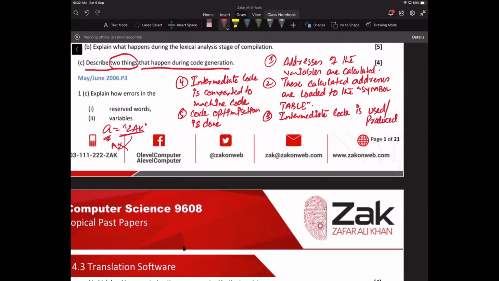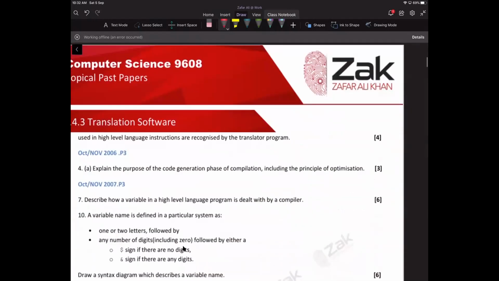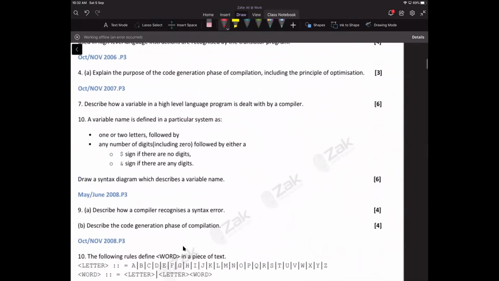Variable naming conventions are checked, and the literals being assigned to the variables are checked. They must be of the specific type of that particular variable. Now, October-November 2006: explain the purpose of the code generation phase of compilation, including the principle of optimization. We have just done it.